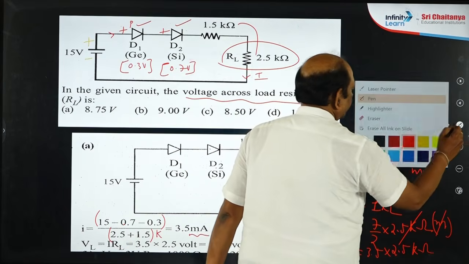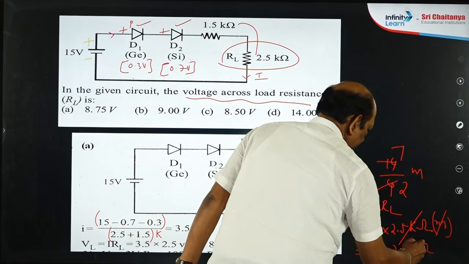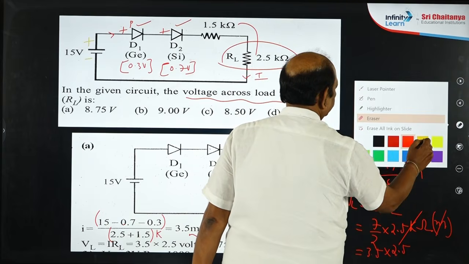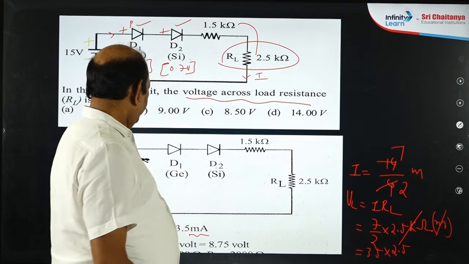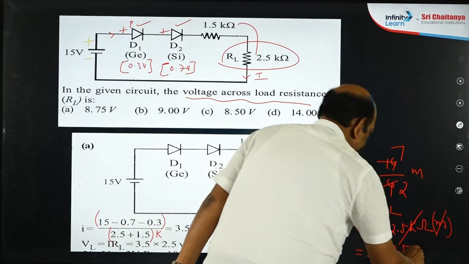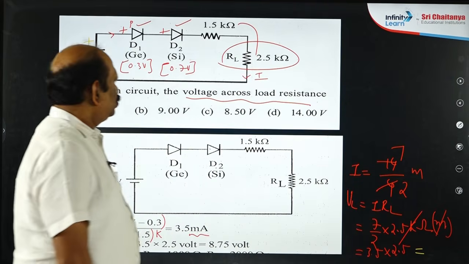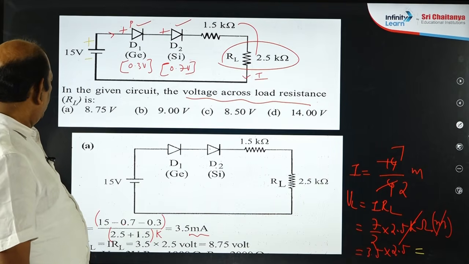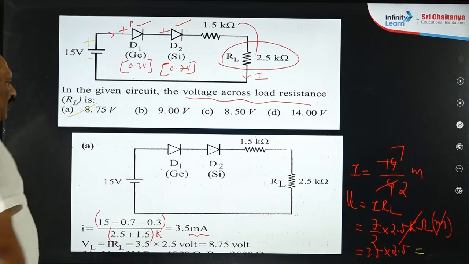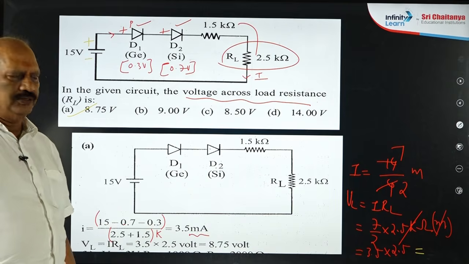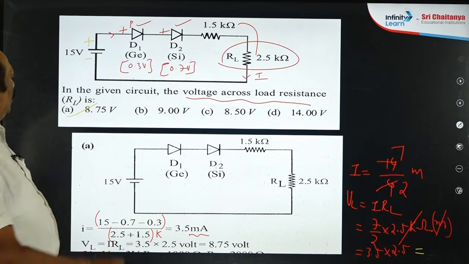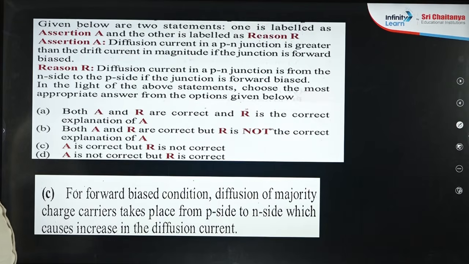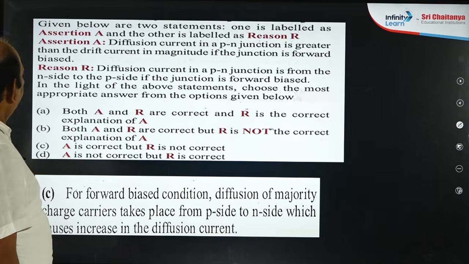So no kilo here. 3.5 multiplied by 2.5. This is voltage at the resistor, and if we calculate, it will be around 8.75. Very, very important model when 2 diodes are given simultaneously. Next one.